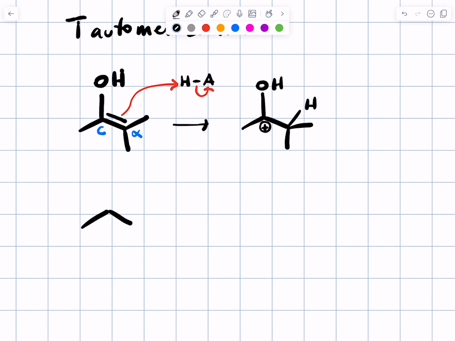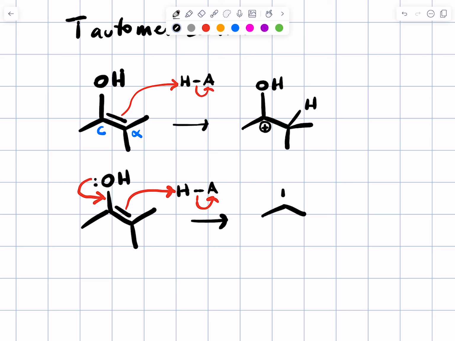Of course, what I just showed you is fully equivalent to the following alternative, which would be to have electrons on the oxygen kick down to form a new carbon-oxygen pi bond, and then to have the carbon-carbon pi bond attack the proton. The reason I'm telling you that what I just drew is fully equivalent to what we drew above is that the 2 outcomes are resonance structures of each other. So you are welcome to draw tautomerization either of those 2 equivalent ways.